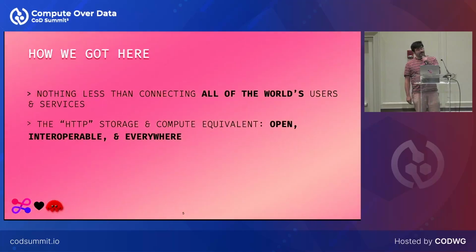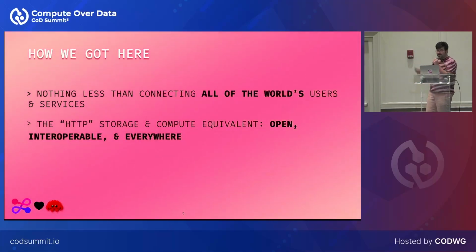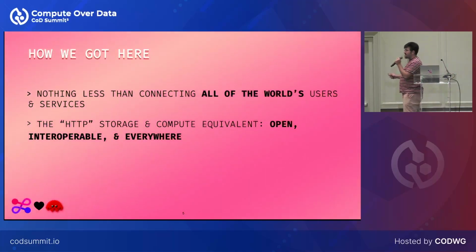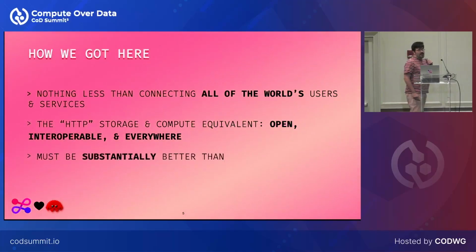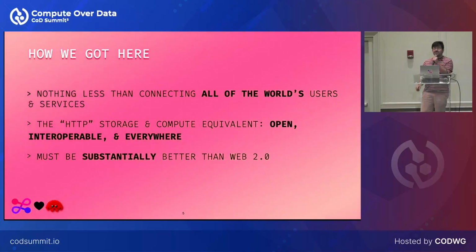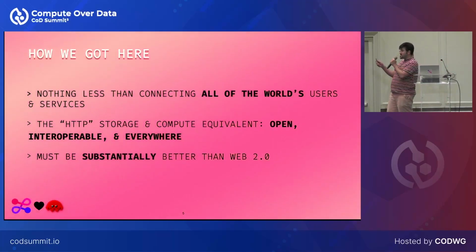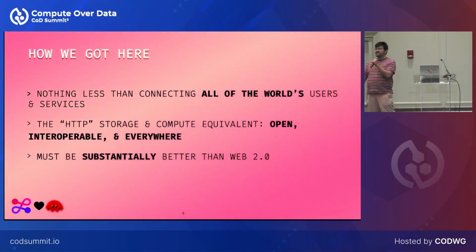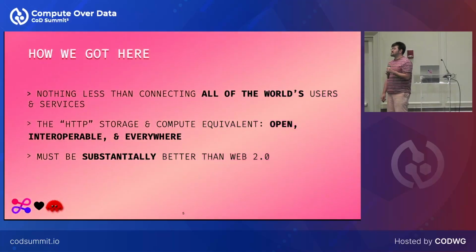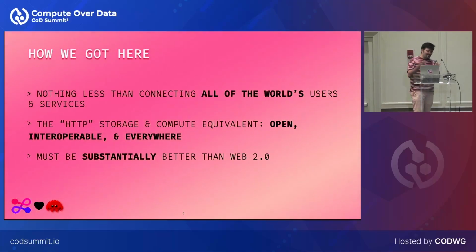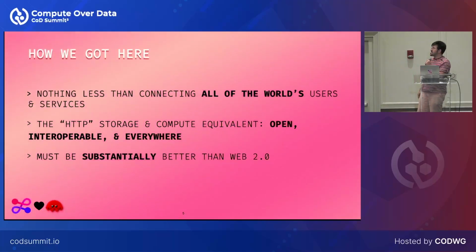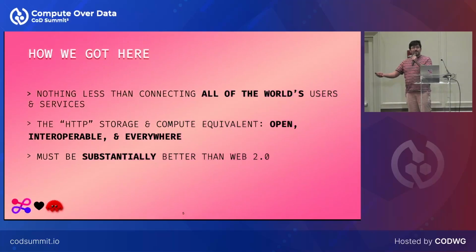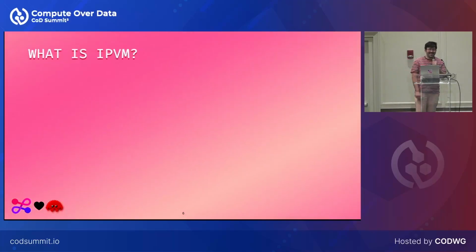The HTTP storage and compute equivalent, open, interoperable, and everywhere. Okay, it's a little harder. Everywhere? Okay. And then must be substantially better than Web 2.0. Substantially is a really big word here. Bolded, of course. These are the motivations. I was like, well, this is going to be a little hard, but let's see what we can do. And so that's what we'll be talking about.